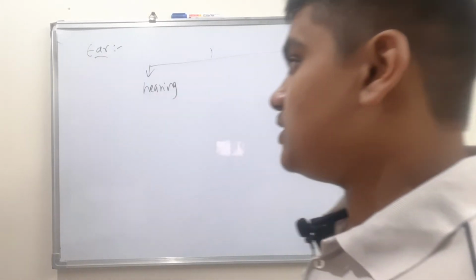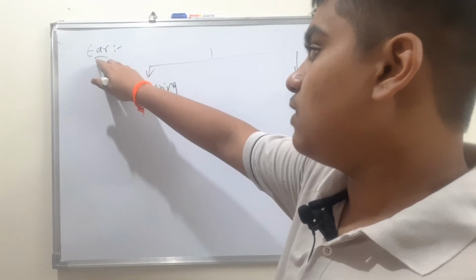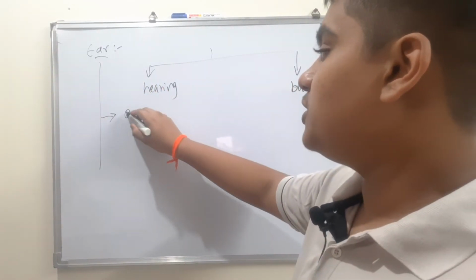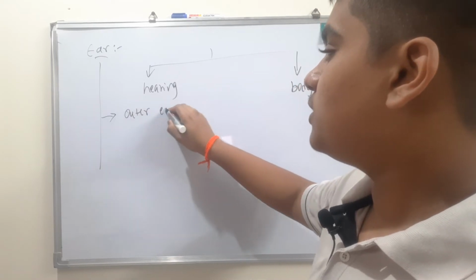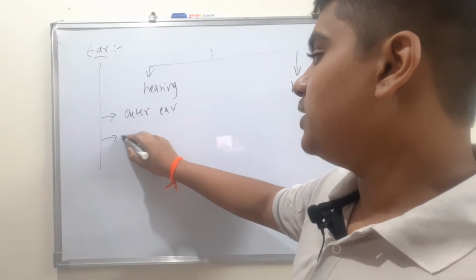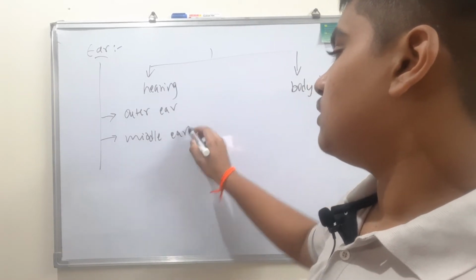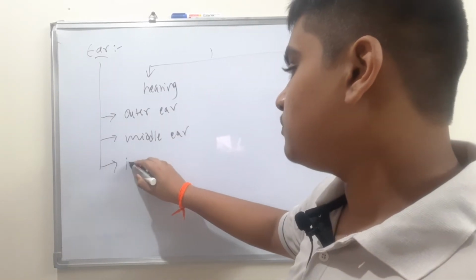Anatomically, this ear, as I said, is divided into three types: the outer ear, middle ear, and the last one, the inner ear.